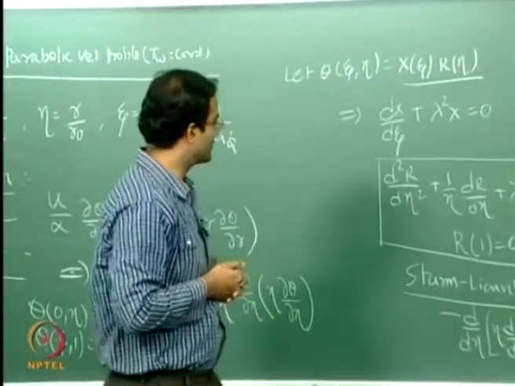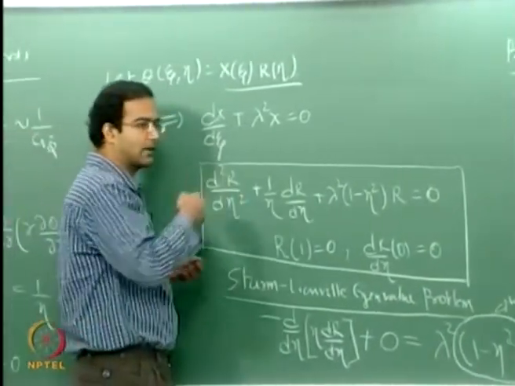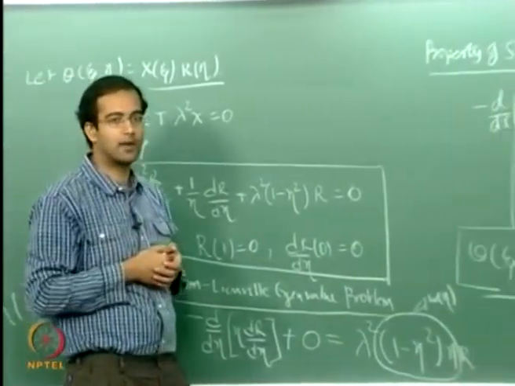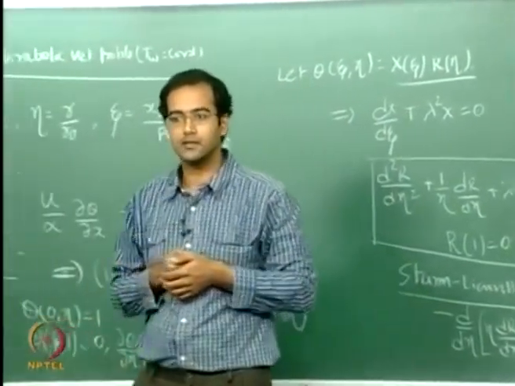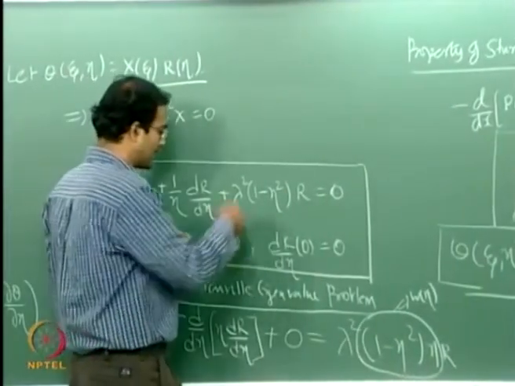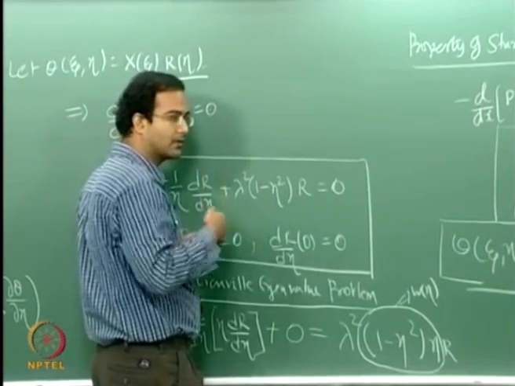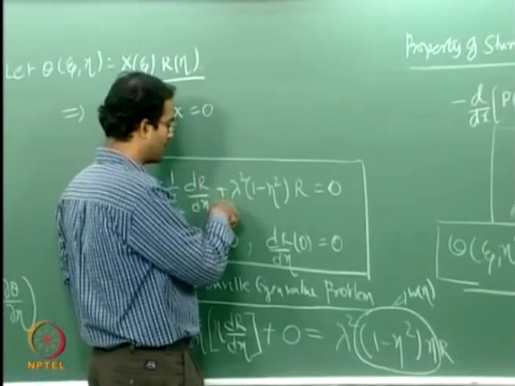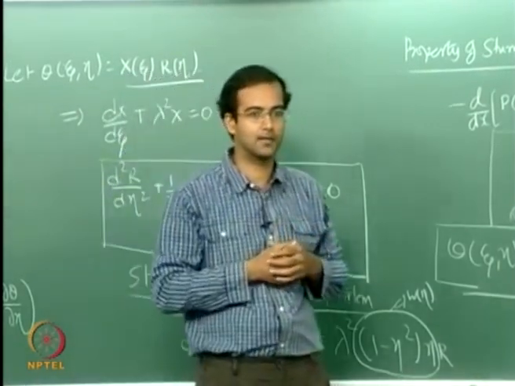You can reduce it to two first order ODEs, and then guess the value of lambda, because you don't know it. Unless you know the value of lambda, you cannot find the eigenfunction. So guess the value of lambda, and once again you have to satisfy the other boundary condition, which is found iteratively, and that is the suitable value of lambda. So for the given value of lambda you have a particular eigenfunction.